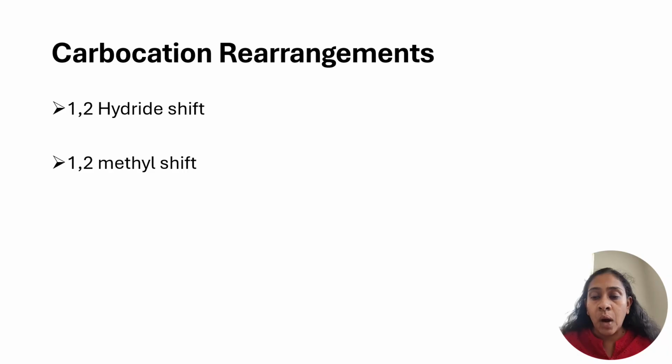The term 1,2 means that the hydrogen or methyl group moves from a carbon directly adjacent to the positively charged carbon. The key point is that rearrangement is favorable when it converts a less stable carbocation into a more stable one. Let's look at each type separately.